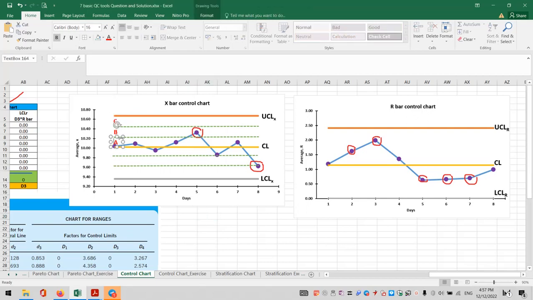Yang ni pun bawah ni pun ABC juga. Yang ni pun ABC juga.